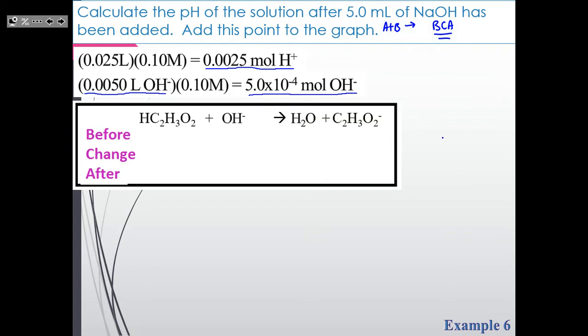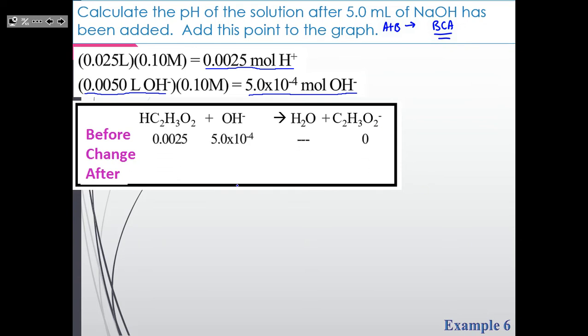Okay. So what type of reaction do I need to write? Well, if I have OH being added to the solution, what I need to calculate is the amount of weak acid and conjugate base that is remaining after the addition.